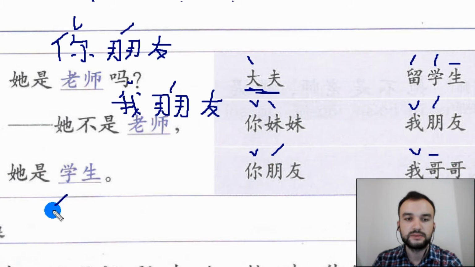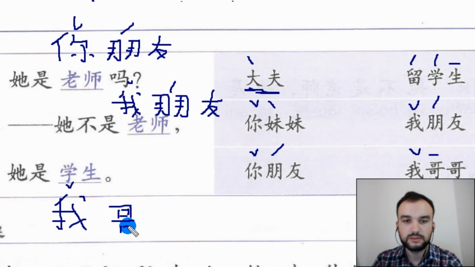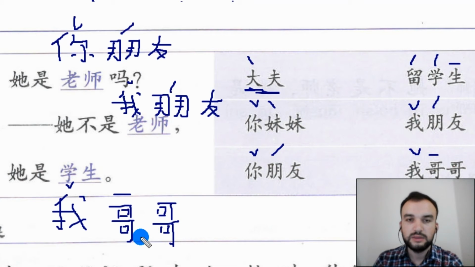她是我哥哥. 哥哥 means elder brother. But here you should change this style too.